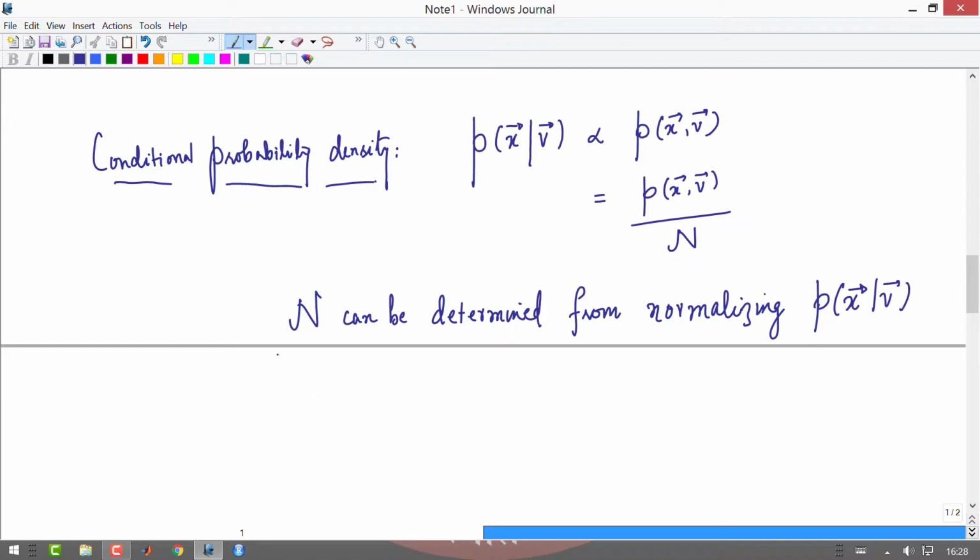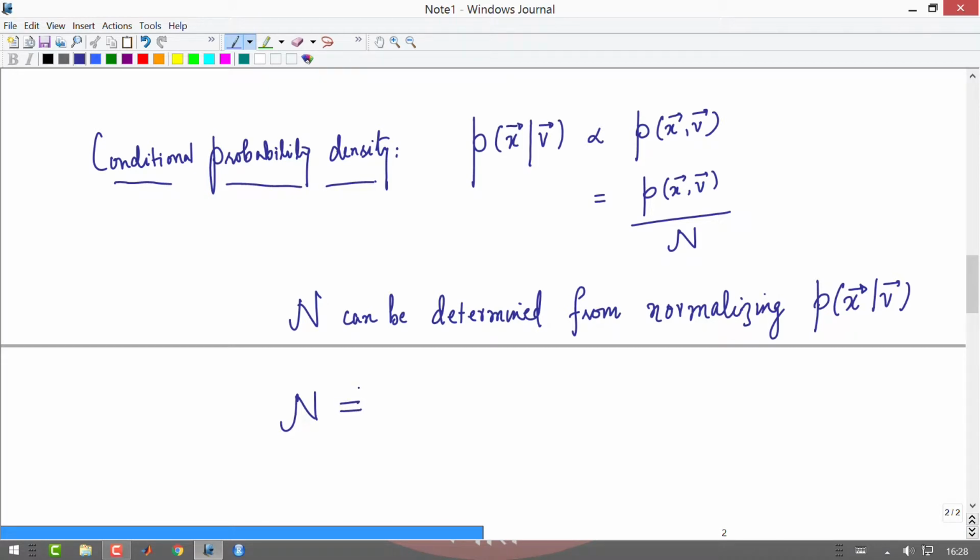So I can integrate with respect to x on both sides and get the definition of N. Since conditional probability densities are normalized, that is the requirement we are imposing, this simply becomes the integral of the joint probability density with respect to the positions.